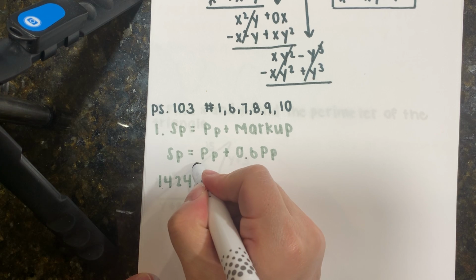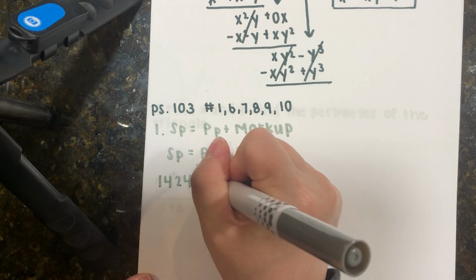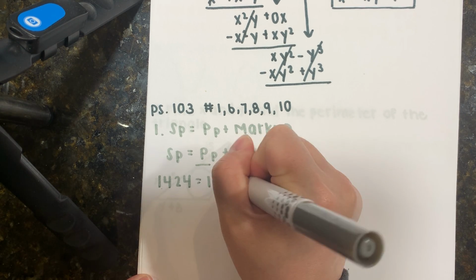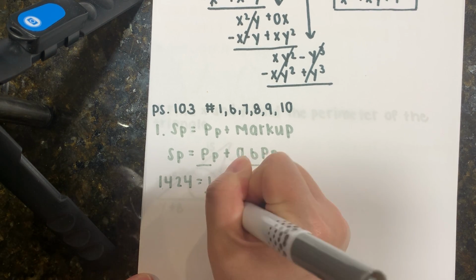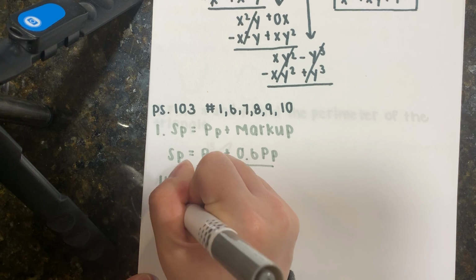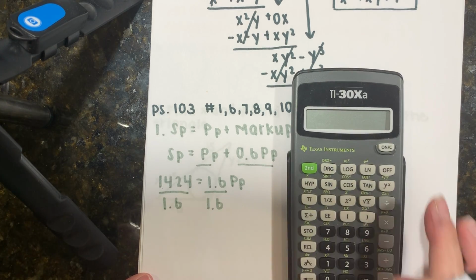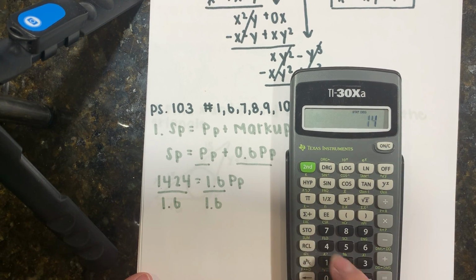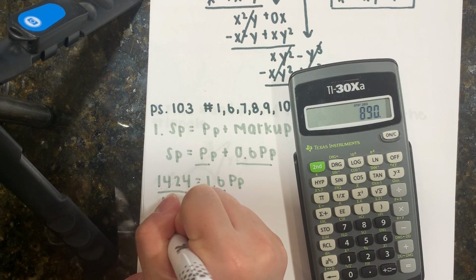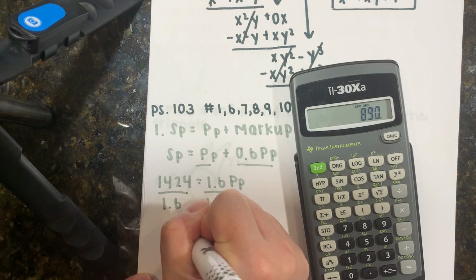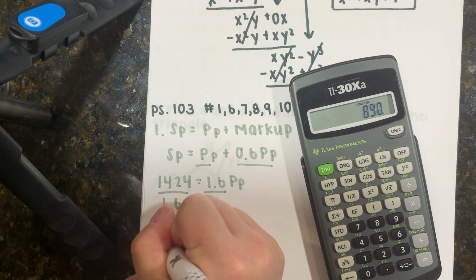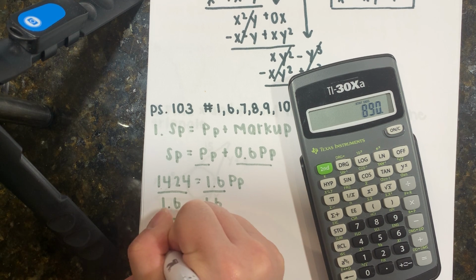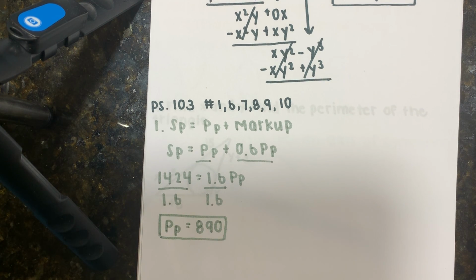When I add the 1 pp and the 0.6 pp, I would have 1.6 pp. So when I divide both sides by 1.6, I would get 1424 divided by 1.6 gives me a purchase price of $890. And that would be your result for number 1.